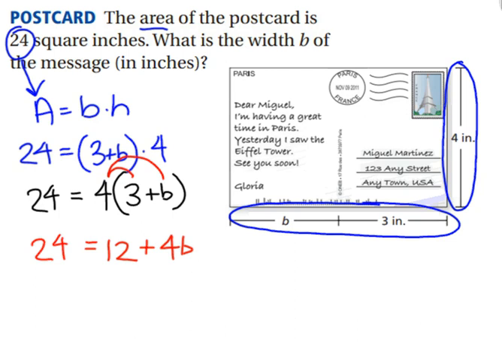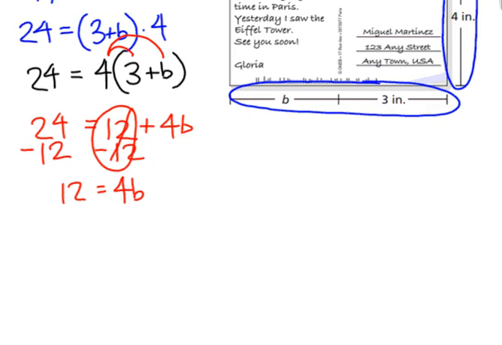Okay, subtract your constant of 12 from each side. So 12 equals 4B, and then you'll divide by 4 on each side, divide by your coefficient. So 3 is equal to B. Again, this is a word problem, so we're going to need units on that.